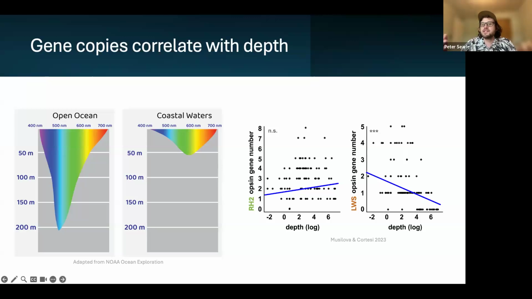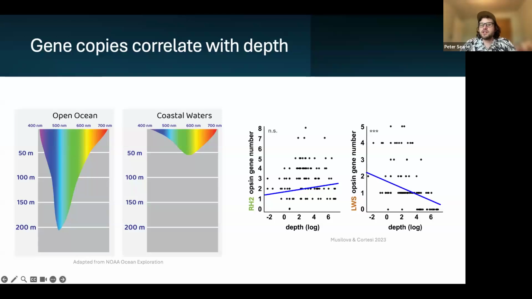And it's been hypothesized that these changes are in response to the different wavelengths of light available in different light environments. So here in this figure, you can see that in the open ocean, the light that penetrates the deepest is in the blue spectrum, whereas in coastal waters, which can be productive and thus turbid, the spectrum can actually be shifted into the green, yellow, and often even into the red spectrum. So there's definitely some variability there.